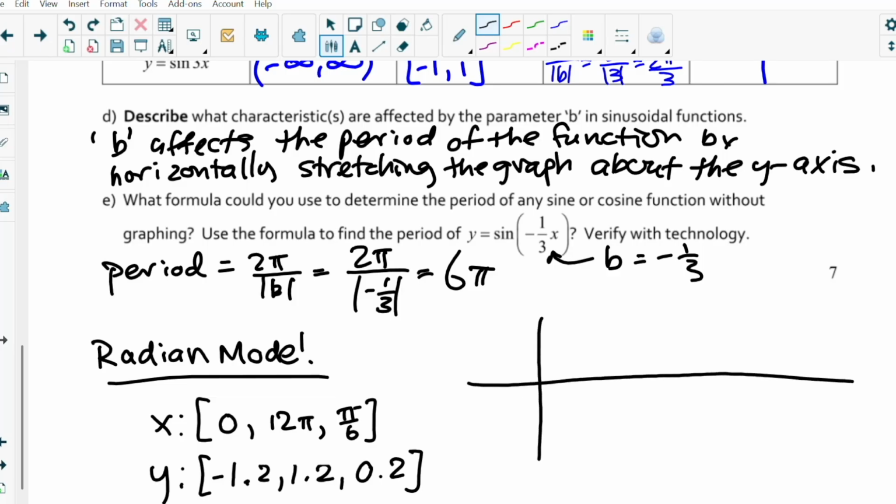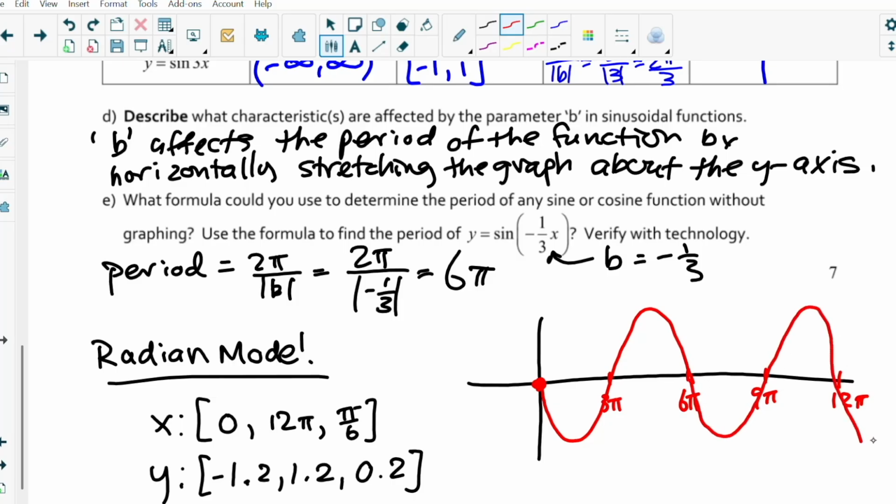Okay, so what do I get? I'm going to sketch the graph here. It went all the way to 12 pi, so like this.